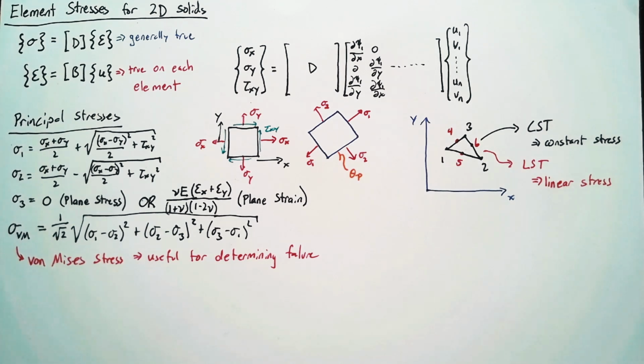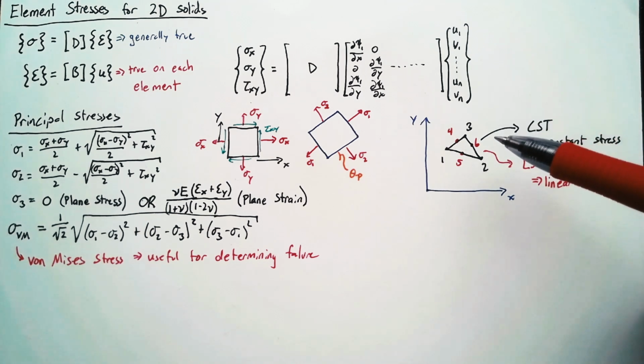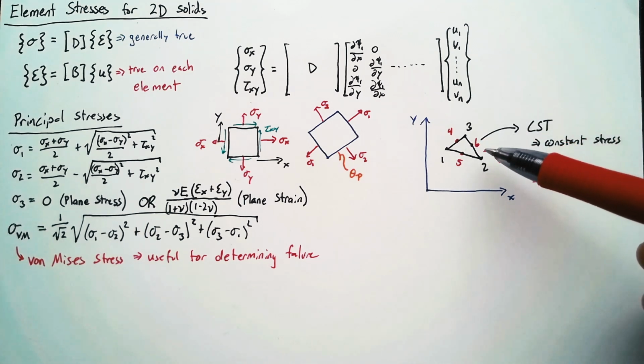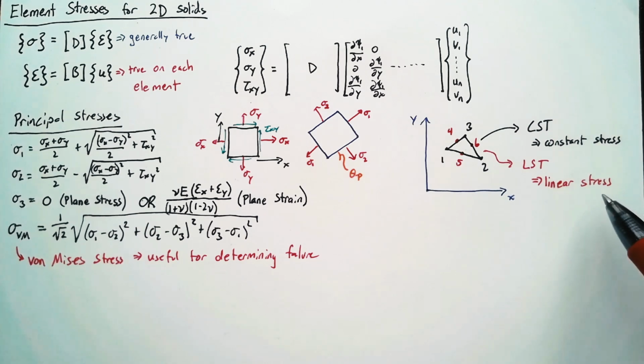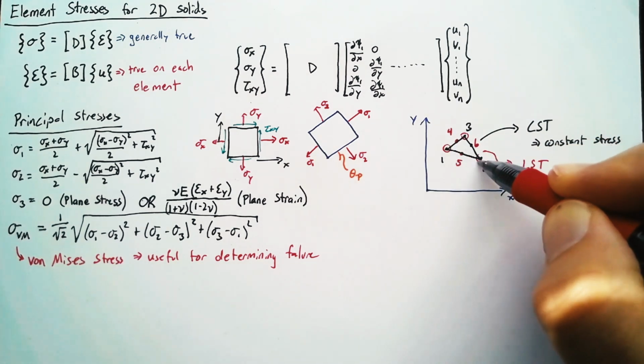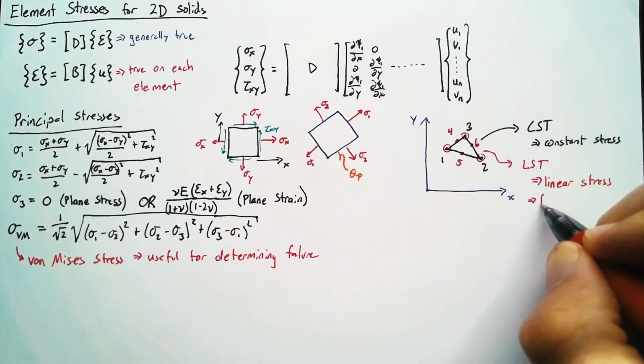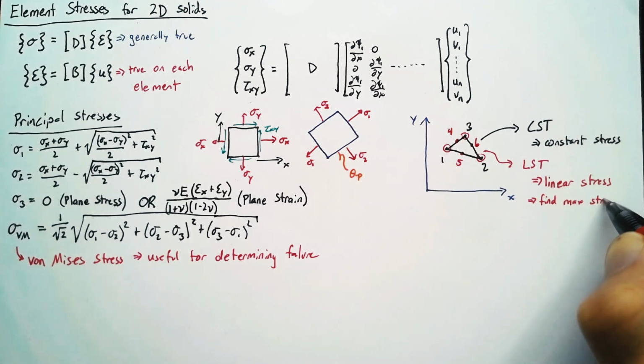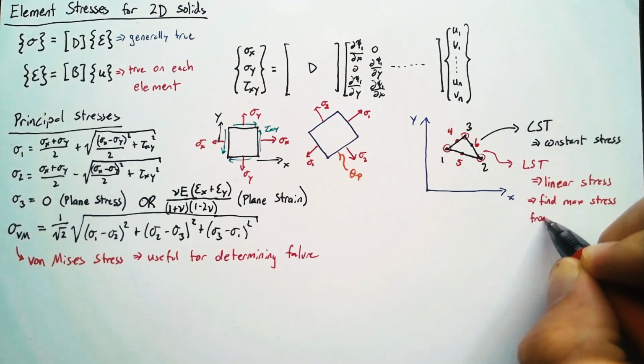So just like when we were looking at the stresses on a 1D element, whenever we have linear stress, we need to look at all of the extreme values. For the linear stress element, we actually need to go find the stress at each of these 3 nodes and find the maximum of those.